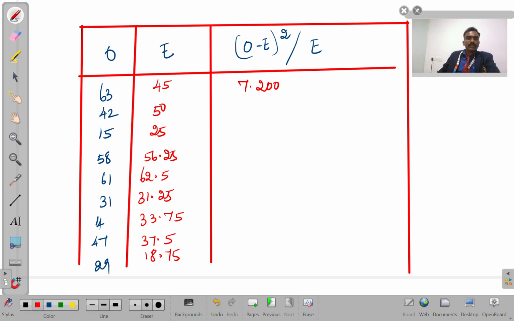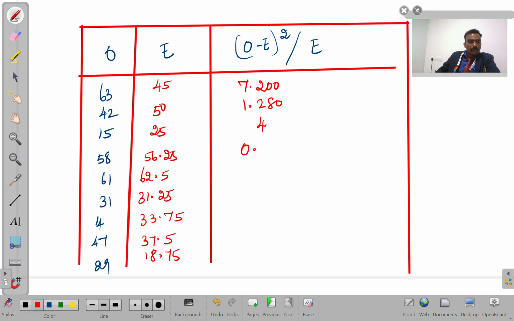The second one is 42 minus 50 the whole square divided by 50. The value is 1.280. Third one, 15 minus 25 the whole square by 25. The answer is 4. Then 58 minus 56.25, the whole square by 56.25.